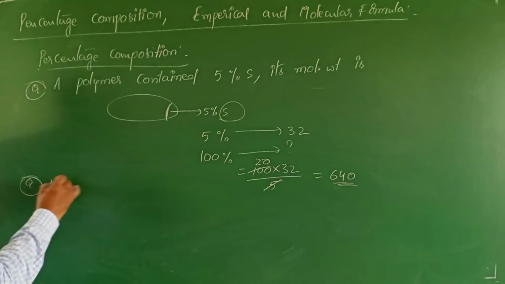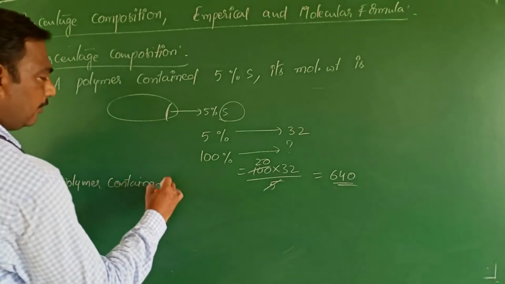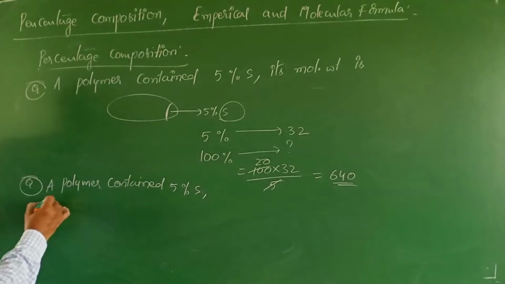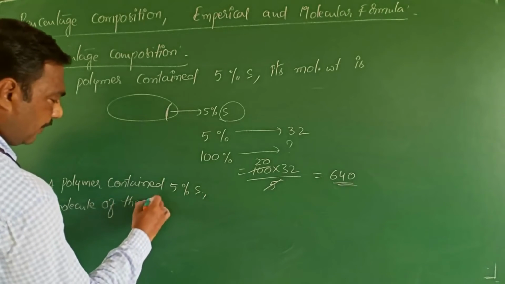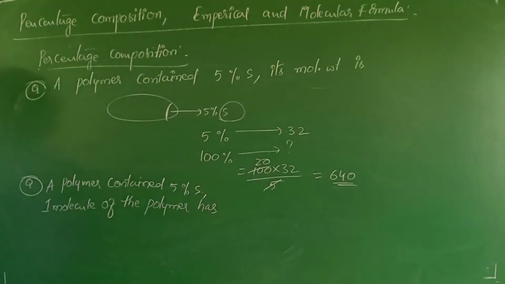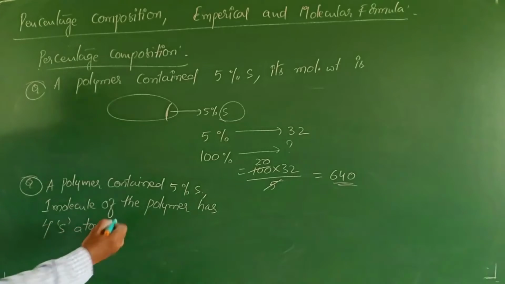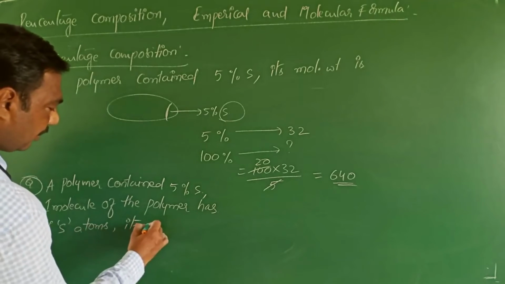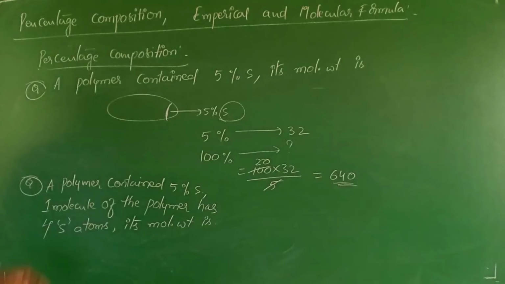A polymer contained 5% sulfur, the same 5% sulfur, and it says that one molecule of the polymer has 4 sulfur atoms, and asks what is the molecular weight of the polymer.